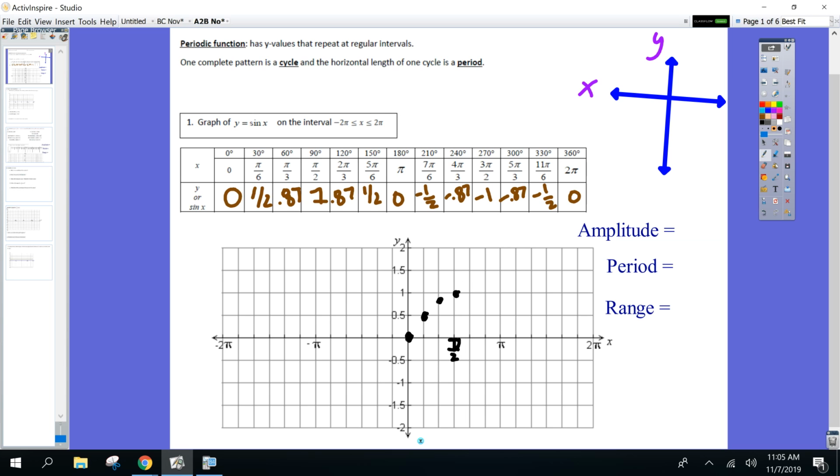Are you guys comfortable graphing the rest here after 1? So next one at 120 degrees, 0.87. Back to 1/2. Little repetition here, huh?